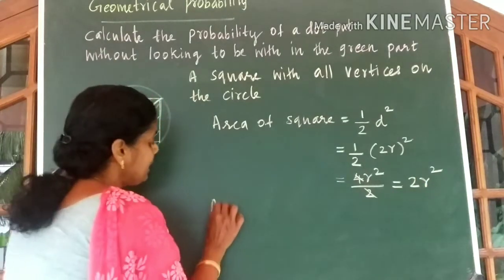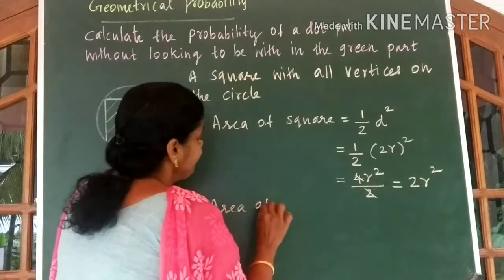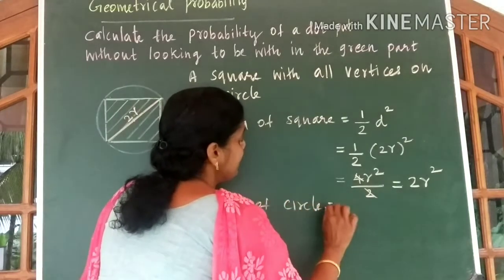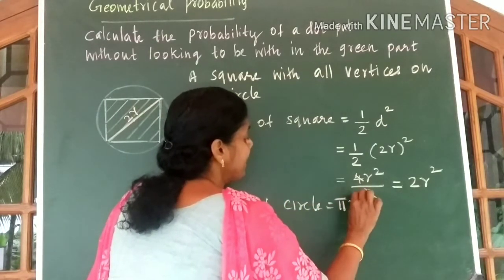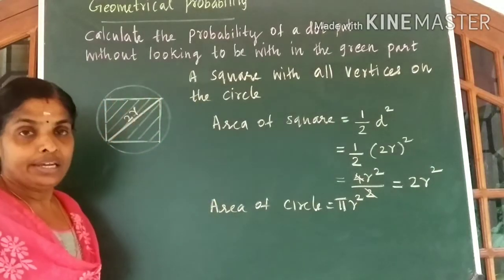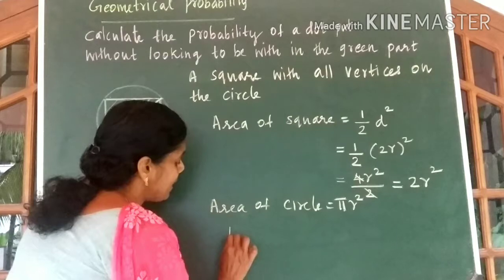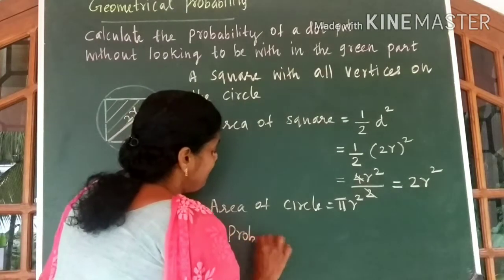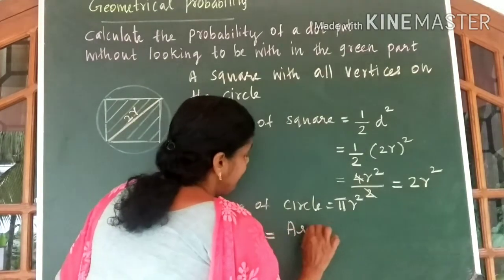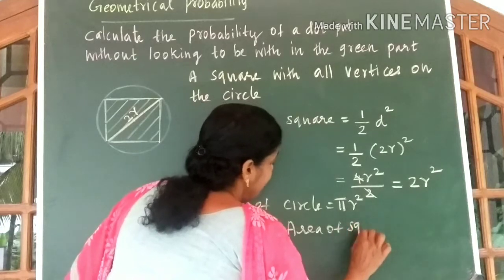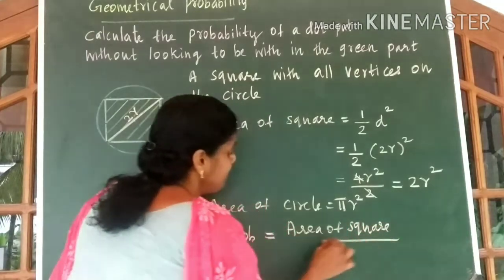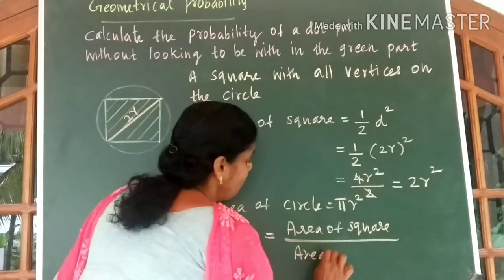Now you know area of circle. We know area of a circle is equal to pi r square. Now we are going to write the probability. So how do you write the probability? Probability is equal to area of square divided by area of circle.